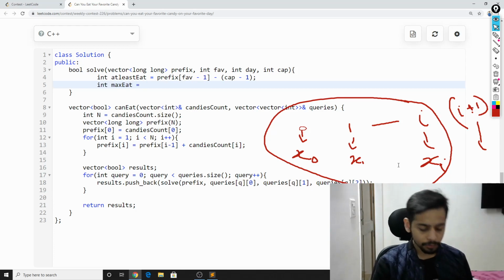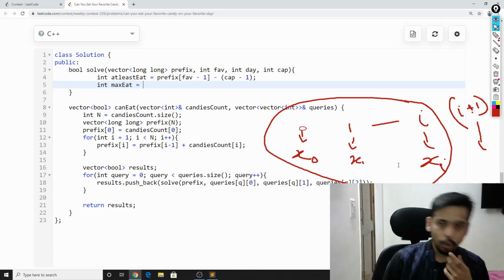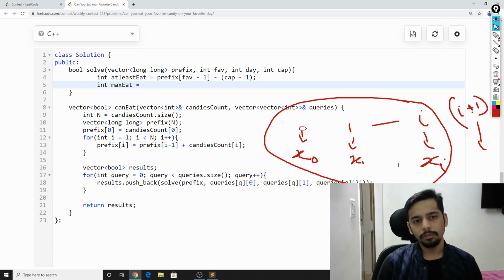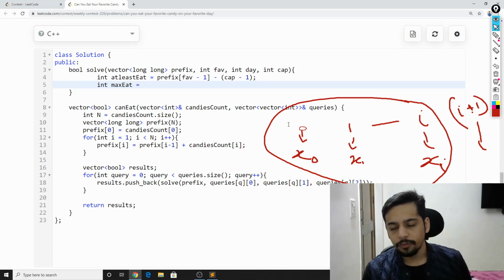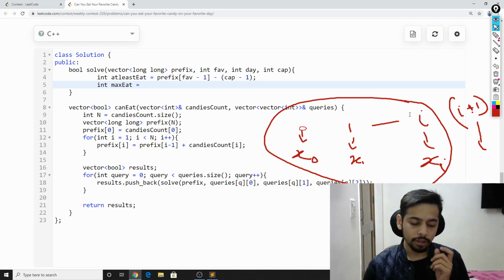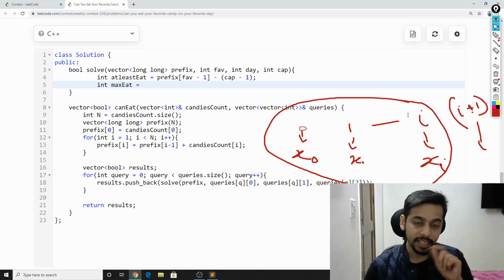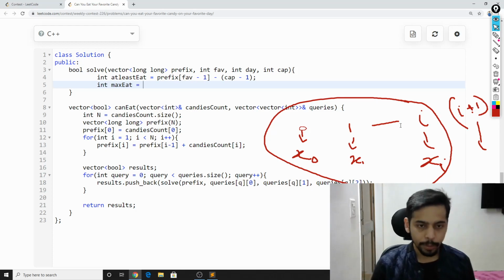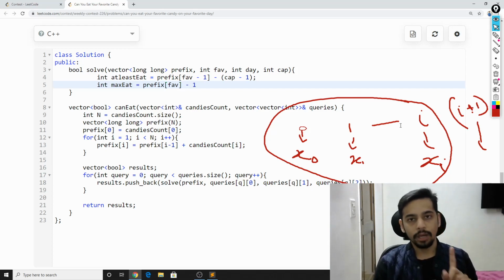What is the maximum that you should eat? You can eat all of these, of course, and of the next type, you should maintain at least one chocolate on that particular day. So the maximum you can eat before that day is to eat all the chocolates till this type, but leave out one.